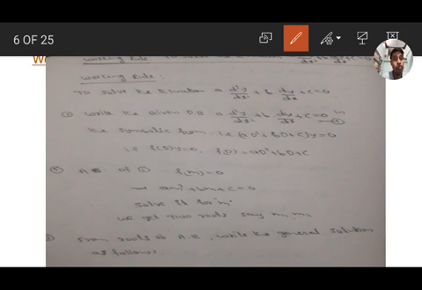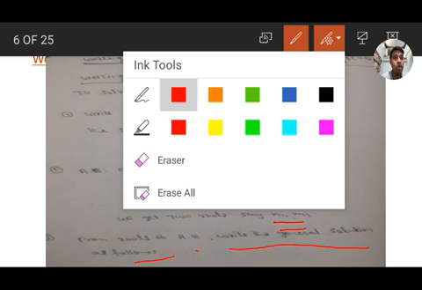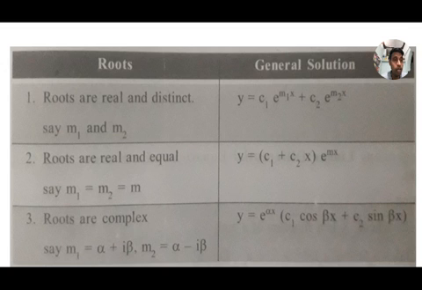Then the third step: from the roots of the auxiliary equation, that is m1, m2, write the general solution of the equation as follows. We have 3 cases based on these m1, m2 values.